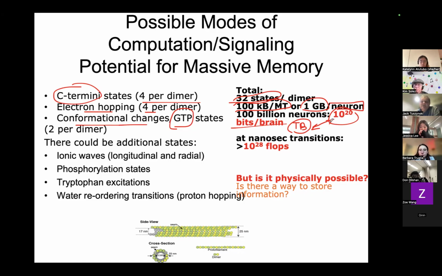100 million times. And there's also the speed of transitions that can occur. In principle, if they are taking place on a nanosecond time scale, which is, let's say, compatible with different states of the protein, or even microseconds, 10 to the 6 transitions per second, you would have something on the order of 10 to the 26 or 10 to the 28, which is just an unimaginably large number of information processes taking place per second.